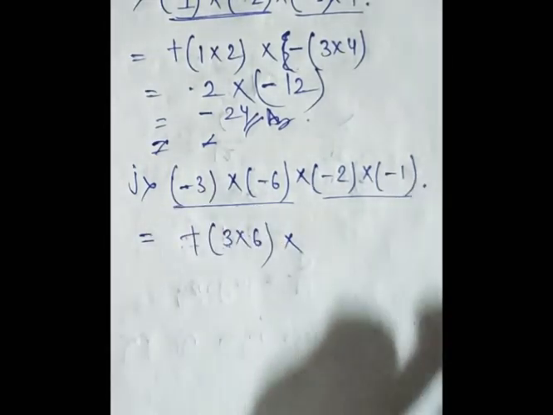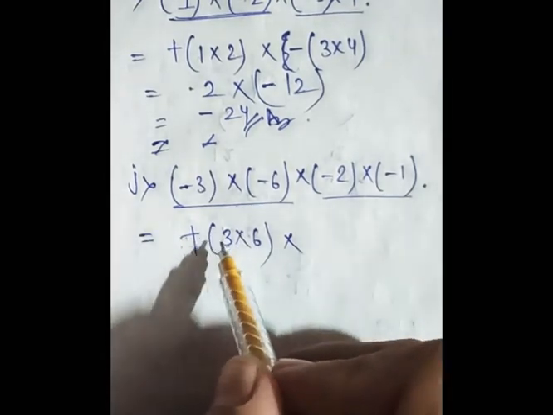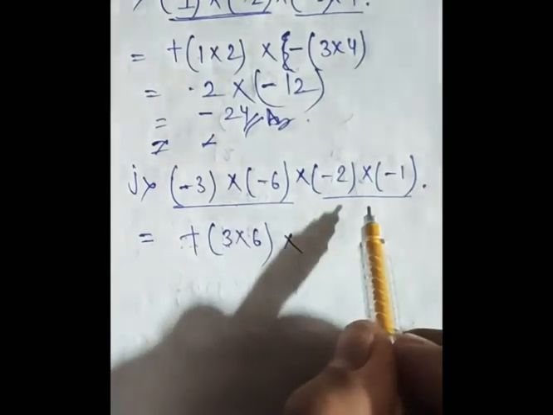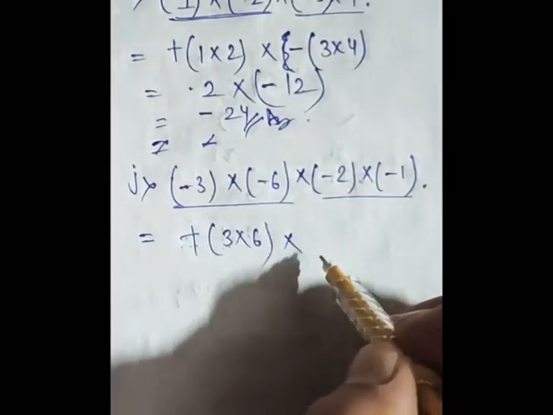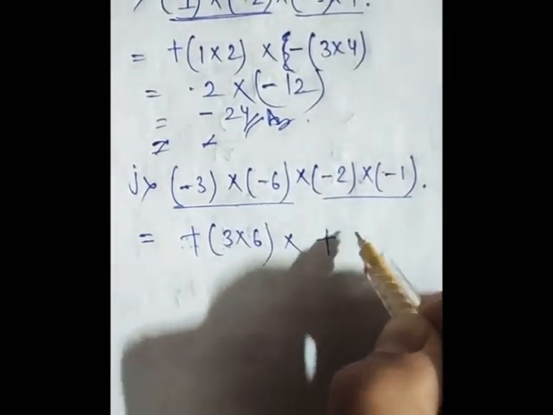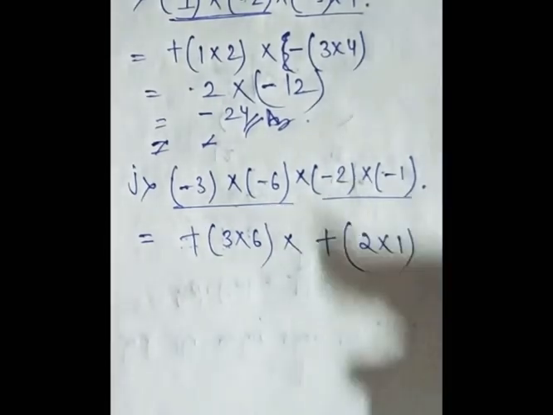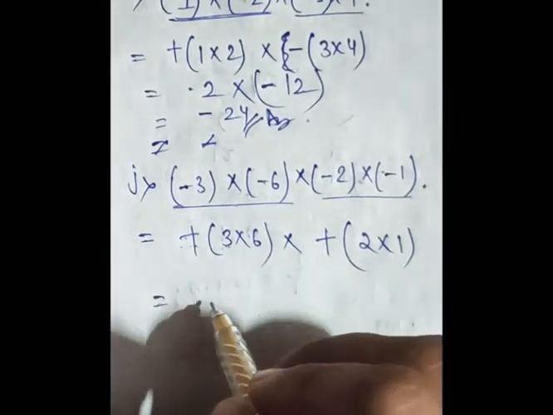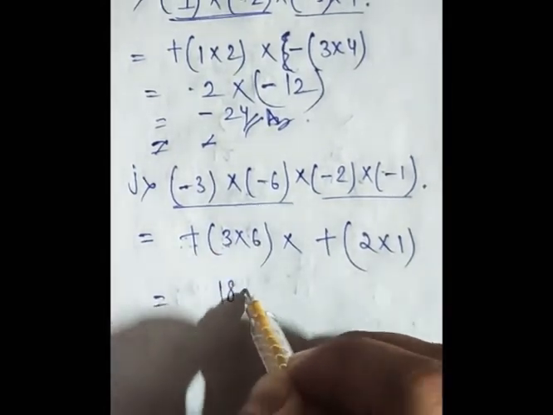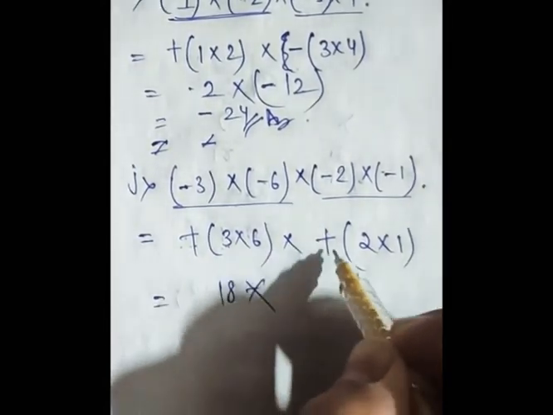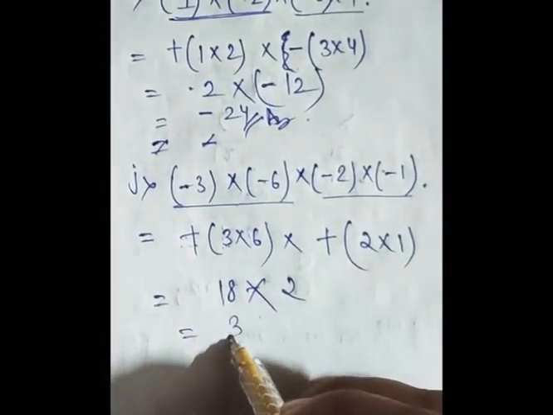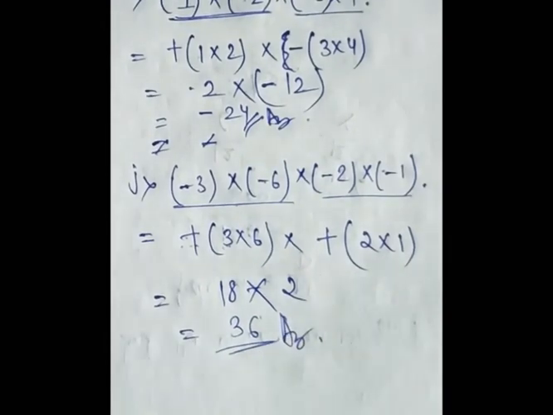Whatever sign you have to put, keep it outside the bracket. Inside the bracket there will be no sign. Here also minus minus is plus, inside the bracket 2 into 1, no sign. Make it a positive integer. So it is plus here, and you don't need to put the sign again. 3 into 6 is 18, multiply and plus, so 2 ones are 2. So 18 into 2 is 36. As simple as that. I hope you are clear till now.